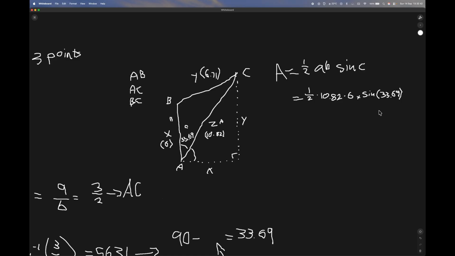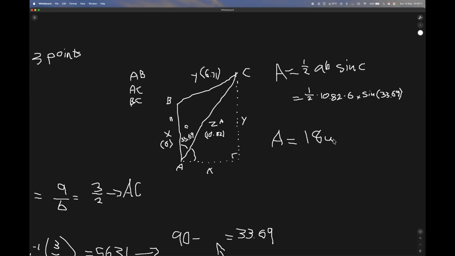So area is equal to 18 centimeters. Oh, that's a lie.